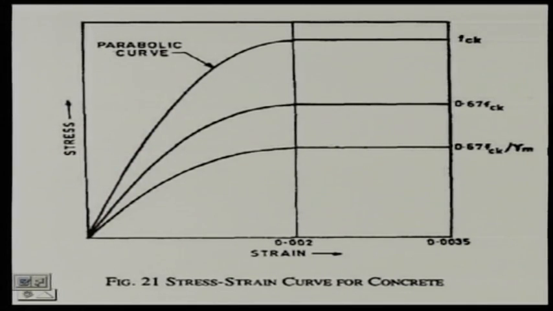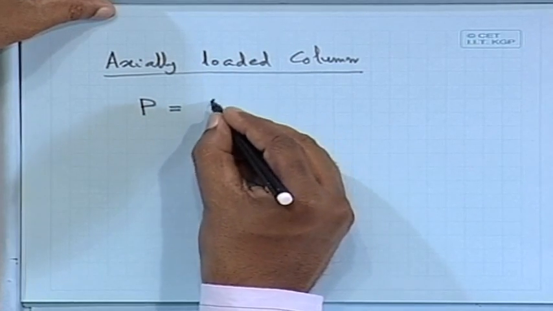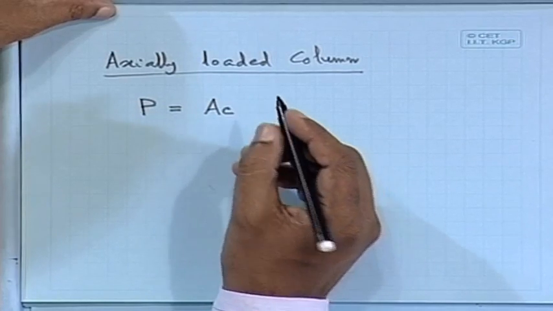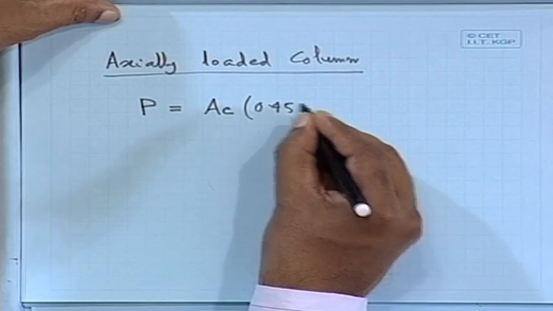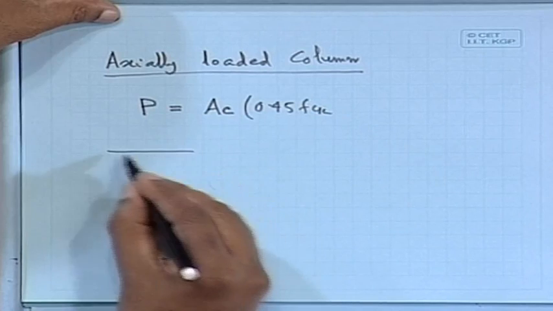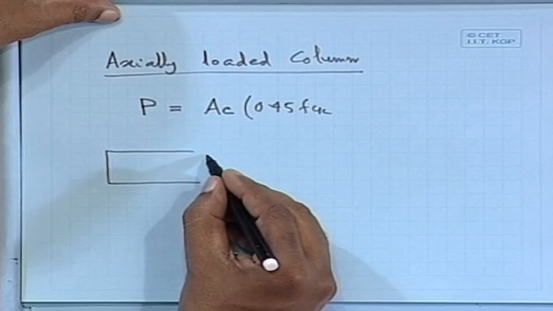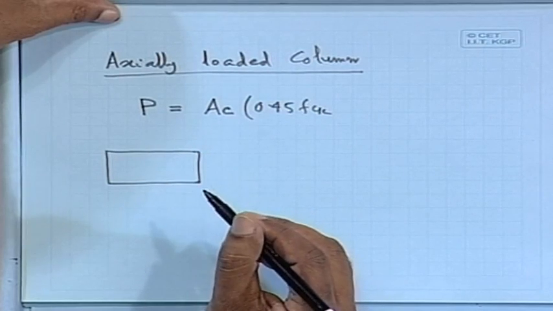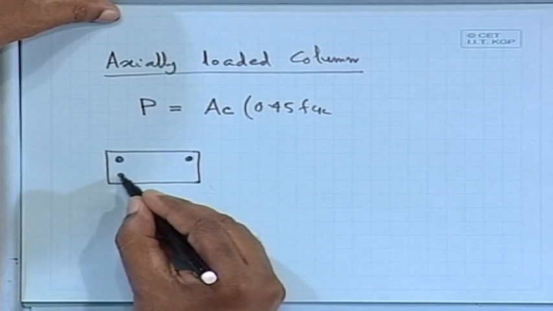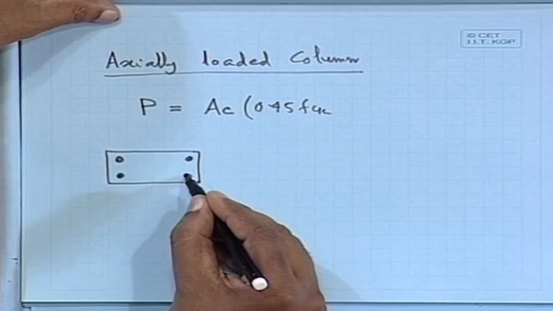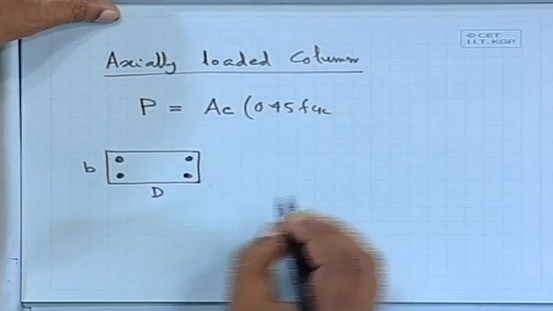So, what is the value of P then? P will be equal to the area of concrete, Ac, times 0.45 fck. If we take a section, here let us say we are having this steel, and we have b and d.